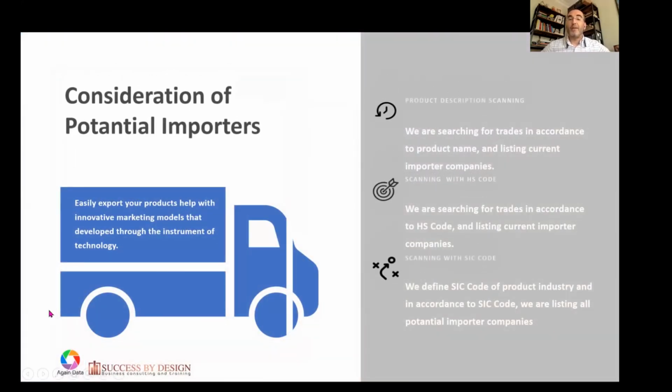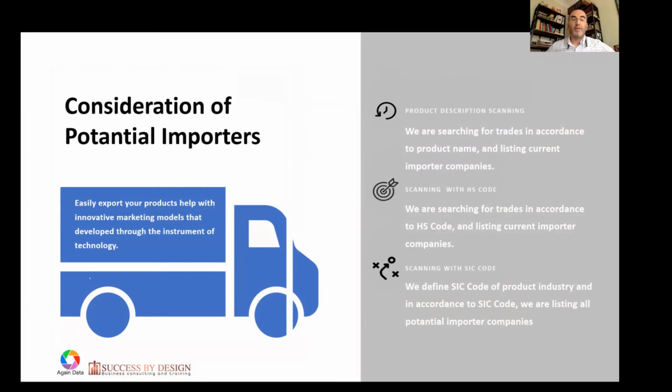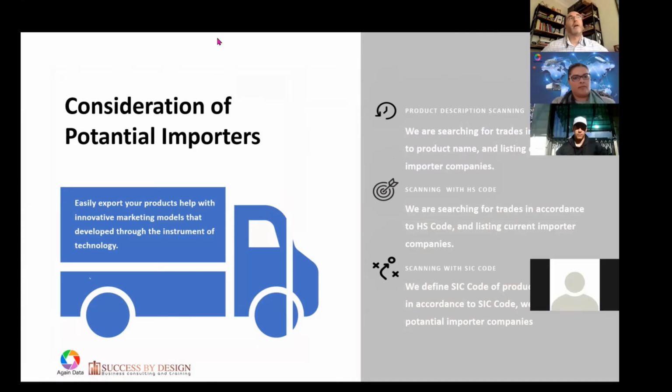And not only competitor analysis, which we are doing, we are also making consideration with help of the harmonized system code. What I mean with consideration, we have more than billions of real trade databases in the world.